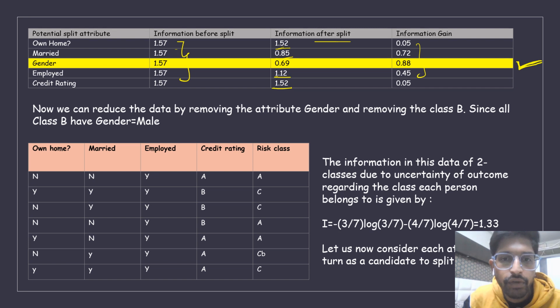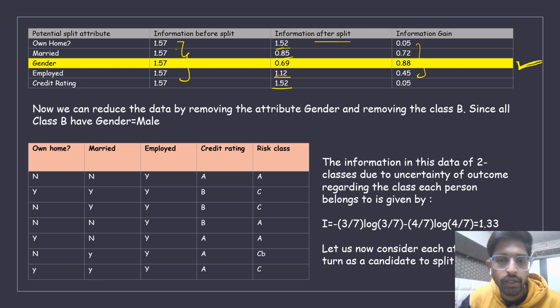We can also see that class B has every gender equal to male. So we can remove class B, as all the genders are equal to male in this case, and then we reduce the table size and calculate the information again for the reduced table.